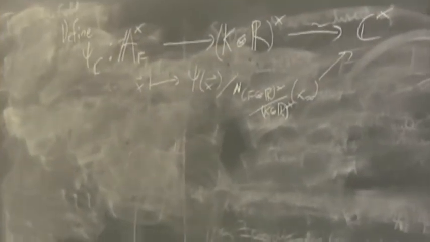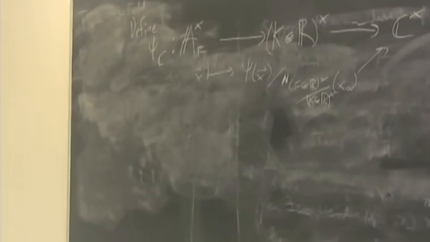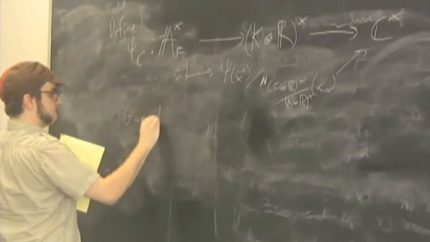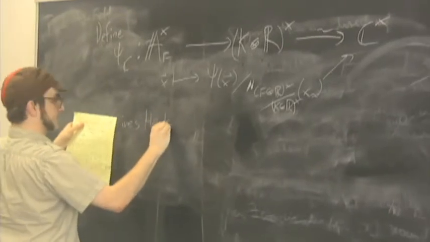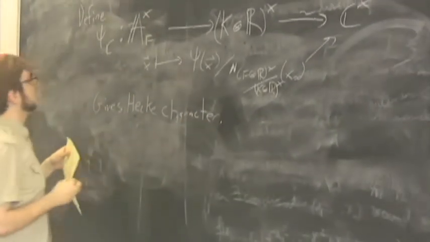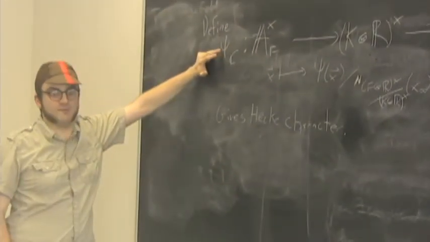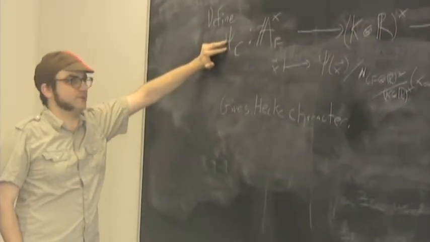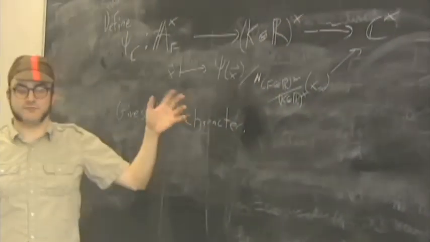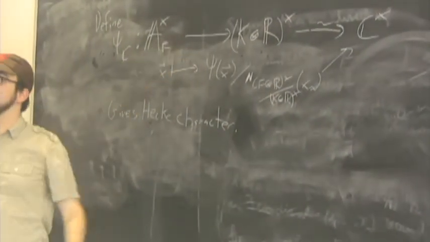So this will be trivial on the image of F cross, and so it'll give a Hecke character. Okay. There's also a map psi bar, which is the same map, sort of with the opposite isomorphism here, or equivalently, just do this map and then bar.